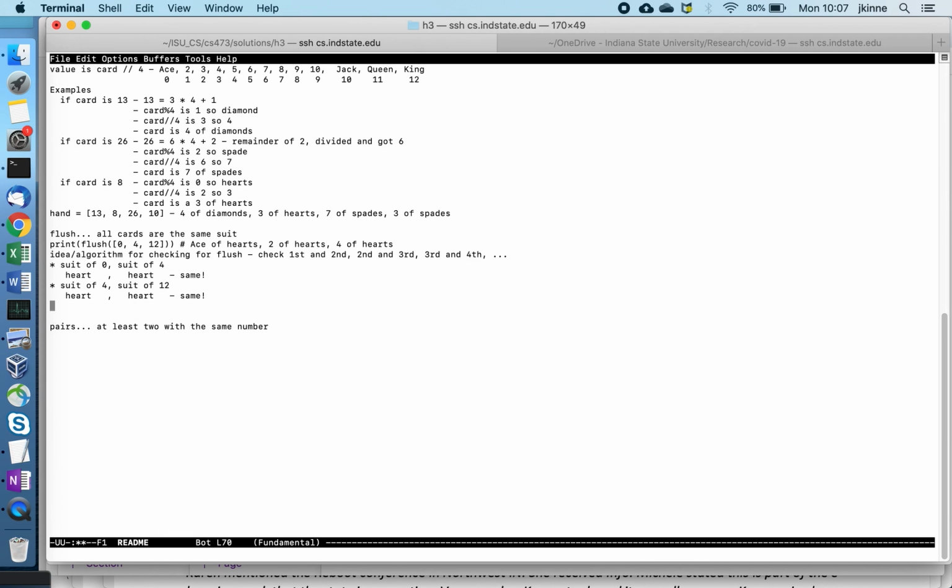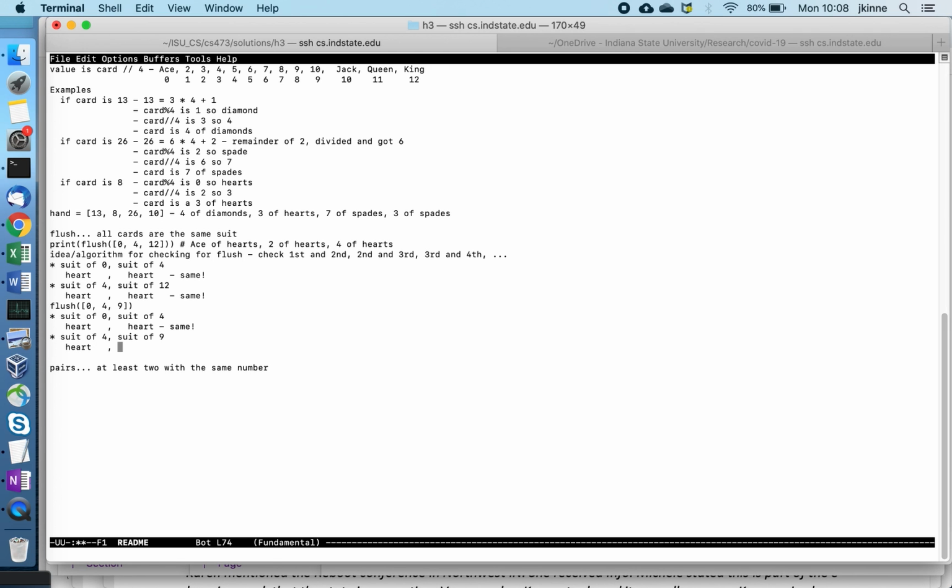If I take another example, let's say I wanted to look at flush 0, 4, 9. I'm going to do the same thing. I'm going to check the suit of the 0 and the suit of the 4. That's a heart. That's a heart. They're the same. Now I'm going to check the suit of the 4 and the suit of the 9. 4 is a heart.